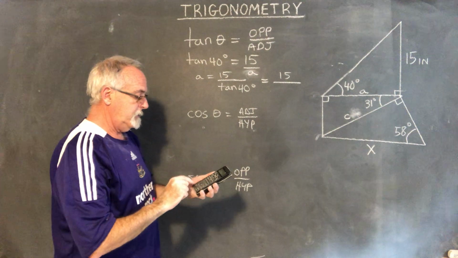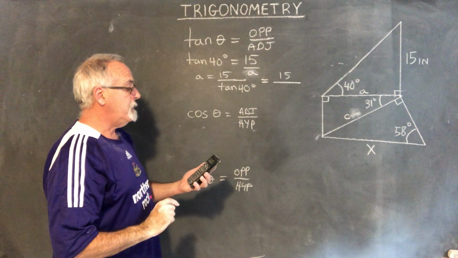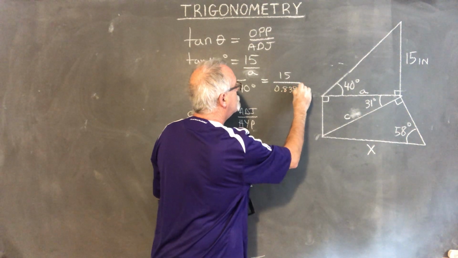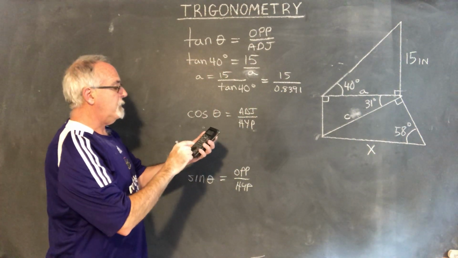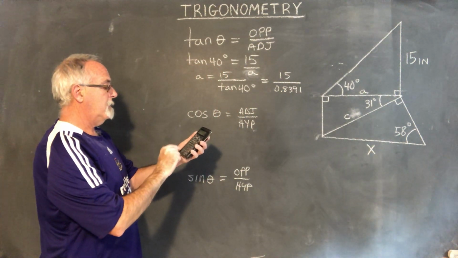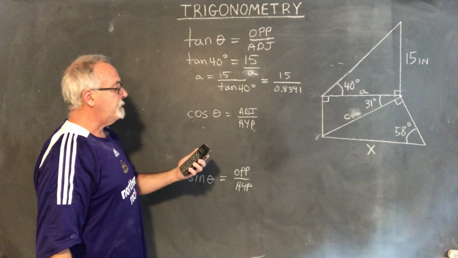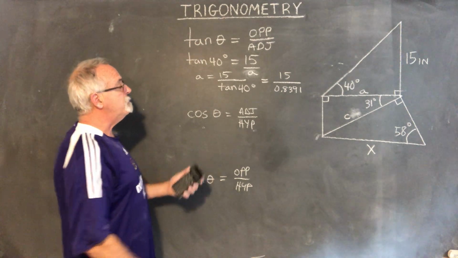Tan 40 equals 0.8391. 15 divided by 0.8391. Not using memory, just using the 4 decimal places this time. 17.8763.